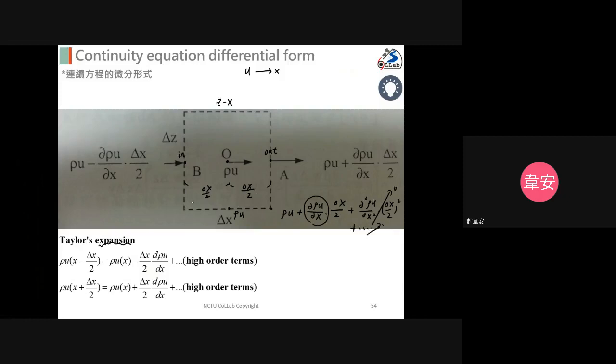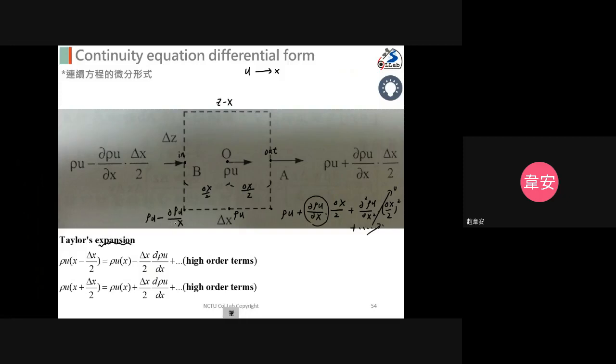Similarly, we can predict the ρu value on the left-hand side. This is ρu, but we need the minus. Why do we use the minus here?